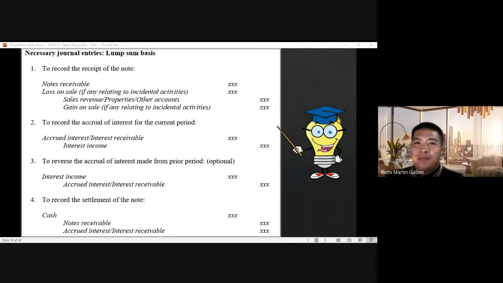Okay. O sige, balikan natin yung accounting process. Gusto nyo? Yung optional lang doon guys is, yung optional lang doon ay the worksheet. The worksheet process at saka yung reversing. All others are required. Even the closing, required yun. Closing entries.